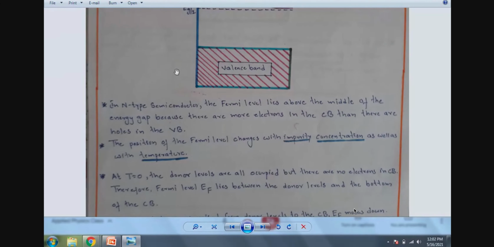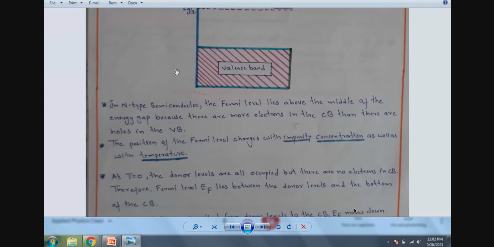So we have the condition for that one. Now you can see here, this is the starting position of the Fermi level.